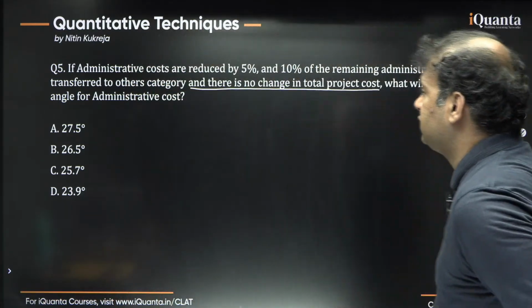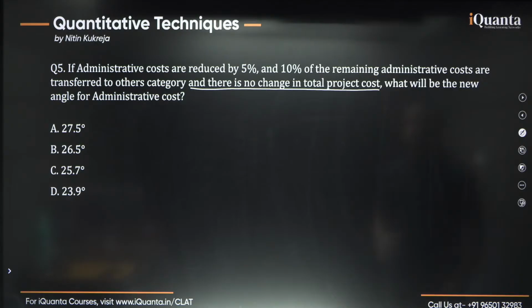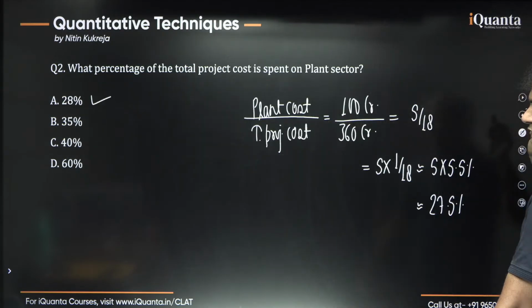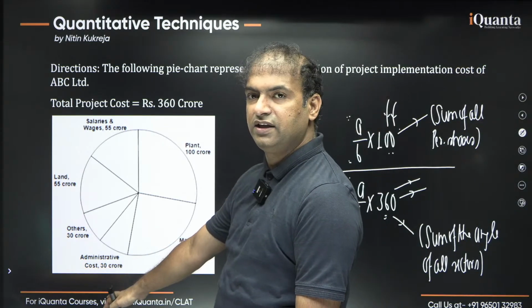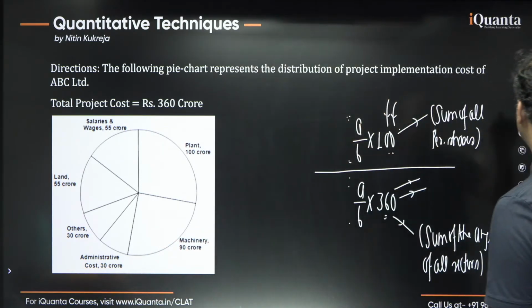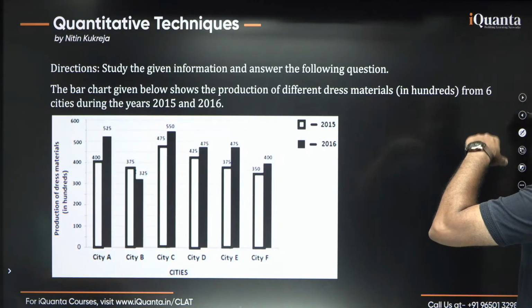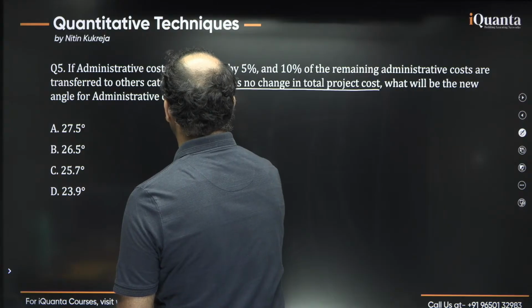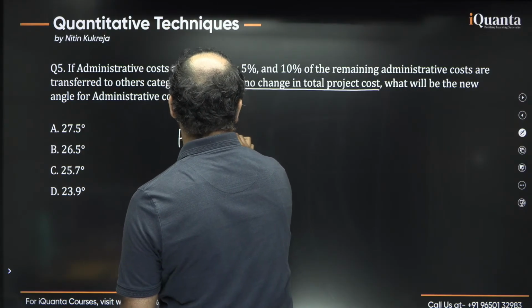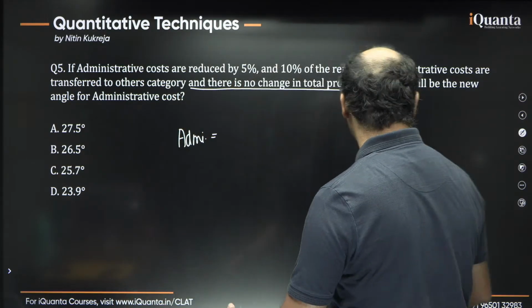So administration costs are reduced by 5% first. What is the administrative cost in the beginning? It is 30 crores. Let me check that again.